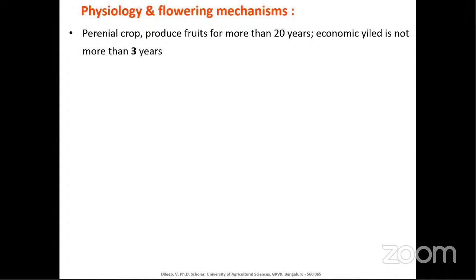Moving forward to flowering physiology and mechanism, this is very important and also very complicated. Since it is a perennial crop, it produces fruits for more than 20 years, but the economic yield is only 3 years.